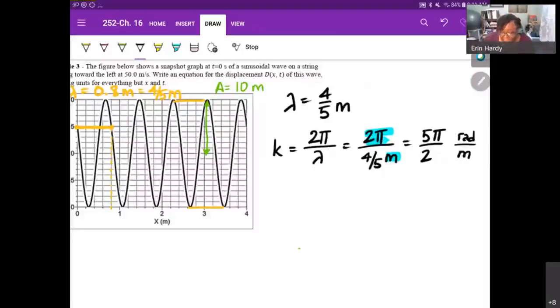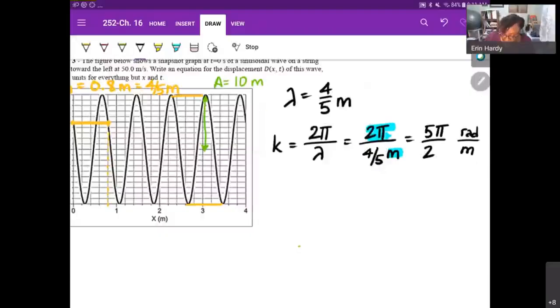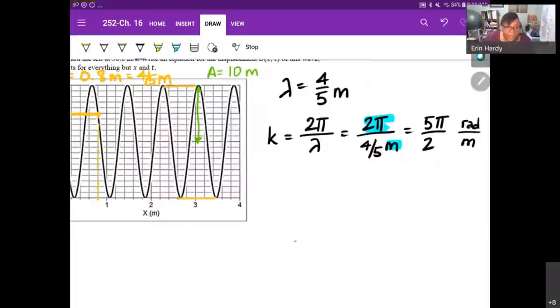So now that we know k, we can use this to solve for omega. And I want to bring your attention back to one of the new formulas that we introduced at the very end of Monday morning's lecture. The wave number, k, is also equal to omega divided by the wave speed.